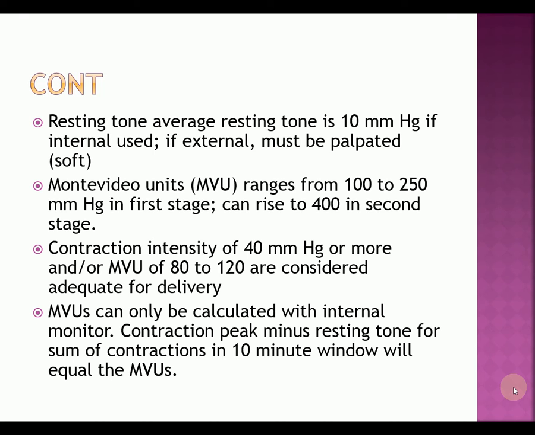A contraction intensity of 40 millimeters of mercury or more, and or Montevideo units of 80 to 120 are considered to be adequate for delivery. If you are using an IUPC, the internal monitor, and it's measuring your millimeters of mercury, you should be able to calculate the Montevideo units and therefore keep your uterus from becoming too hypertonic.